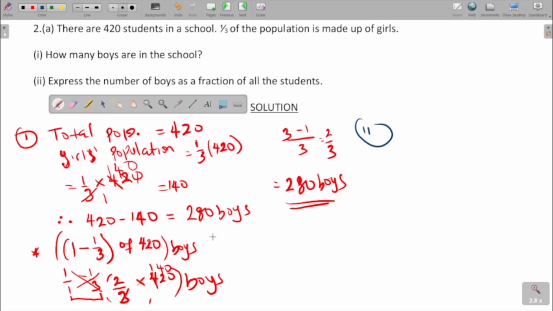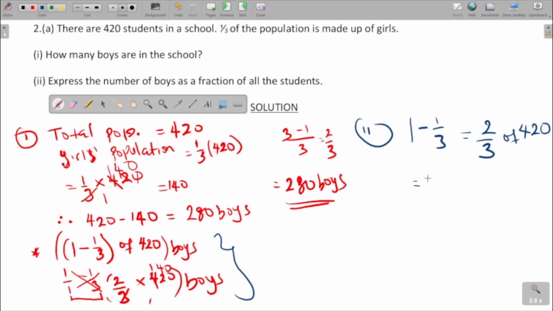It's just simple. It's just 1 minus 1 over 3. So you solve it the way we just solved this one. We have 2 over 3 of 420.